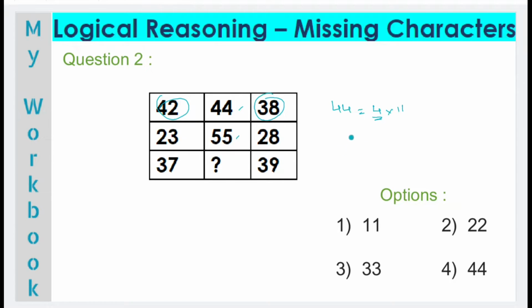Similarly, 55 is 5 times 11 and 5 is the difference between 23 and 28. So for finding this missing number, what is the difference between 37 and 39? It's 2. Simply multiply it by 11. So 22 will be the correct answer. Option 2, 22 is the correct answer.